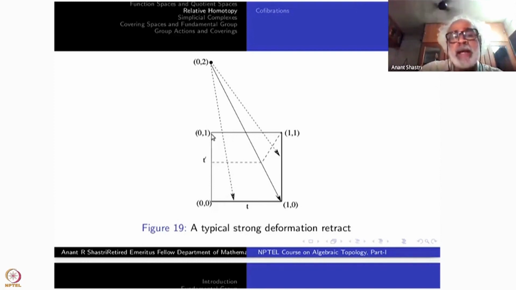This entire line 0, 0 to 0, 1, namely 0 cross I, is going to be pushed down to this point. Then a point here will go in here. This point will go to this point. So this is one part.